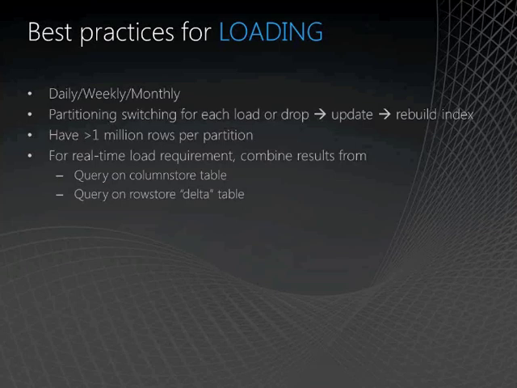Typically, each partition should aim to have more than 1 million rows to get the best out of it, because there is some overhead in the querying. If your partitions are a lot smaller, that additional overhead could have a counterproductive effect on your querying times.